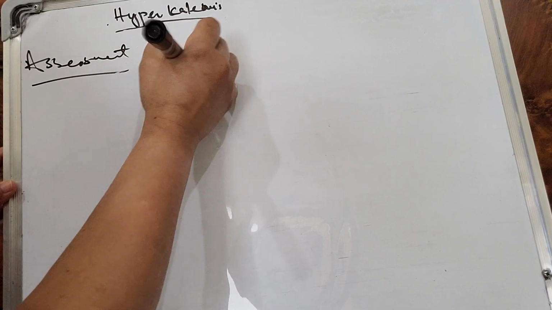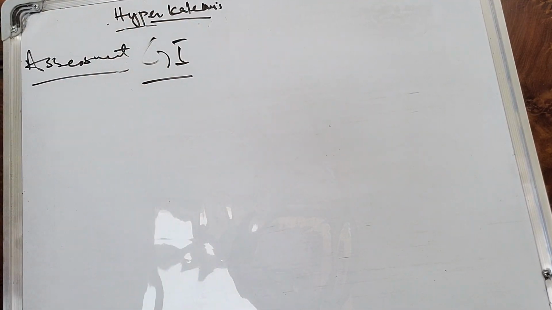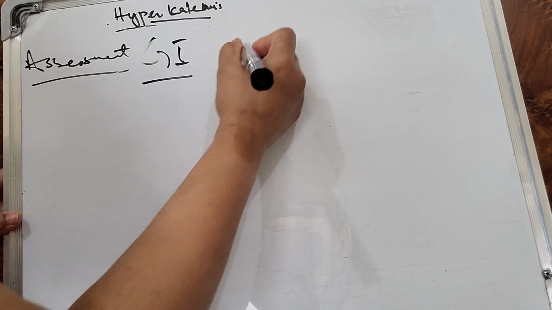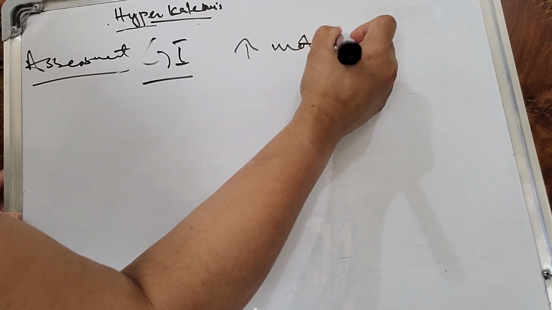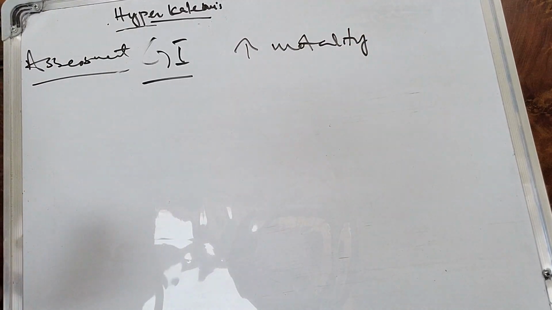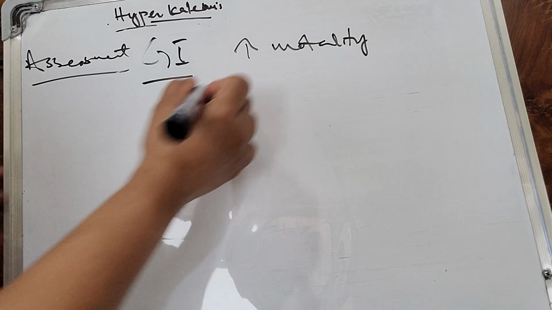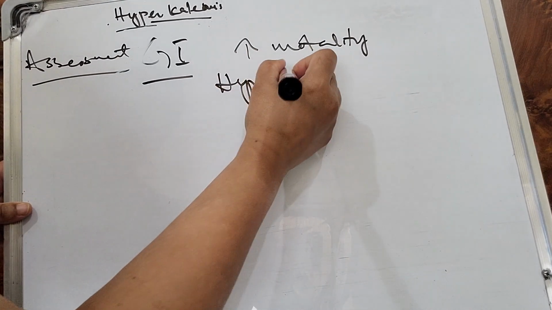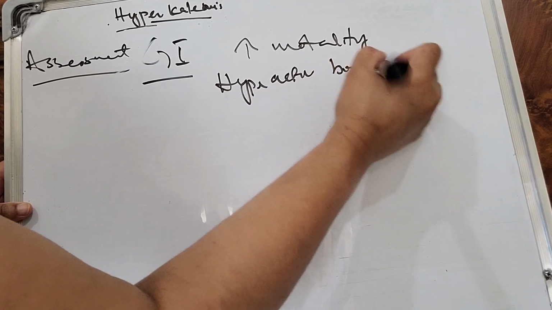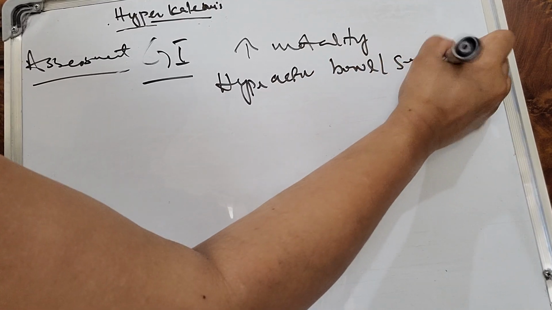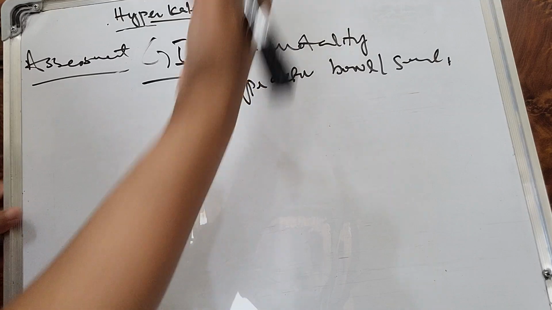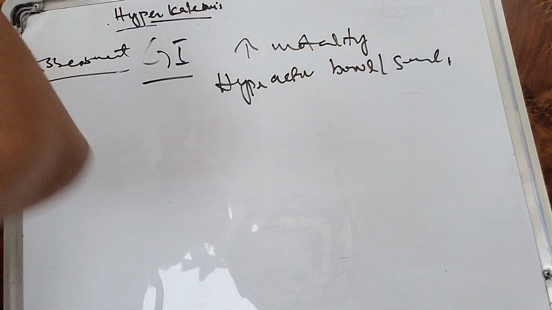In the GI system, in hyperkalemia there is increased motility and hyperactive bowel sounds, while in hypokalemia there is decreased motility and hypoactive bowel sounds.